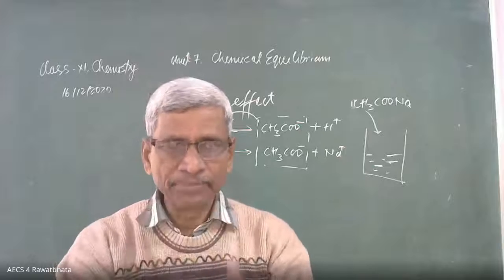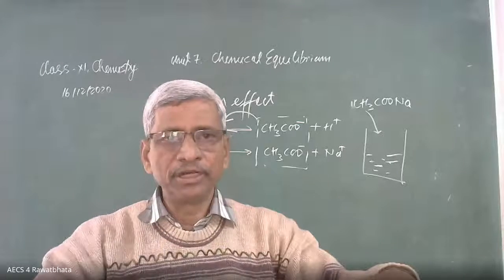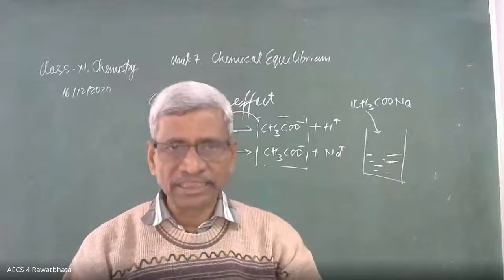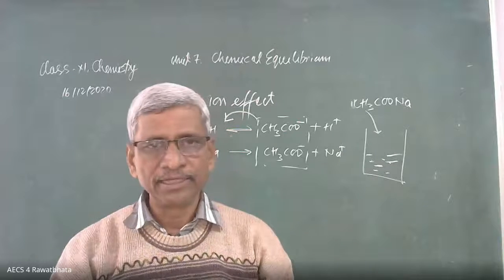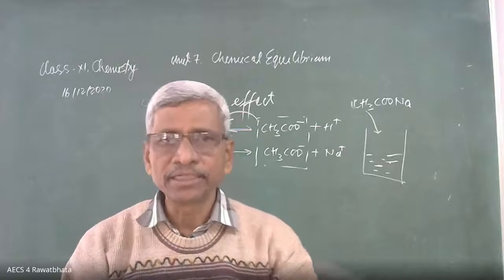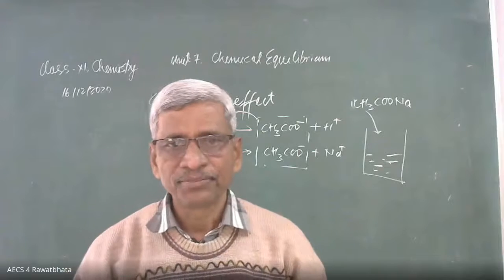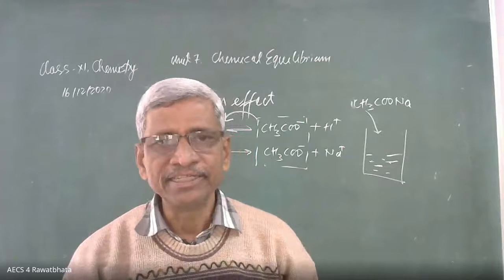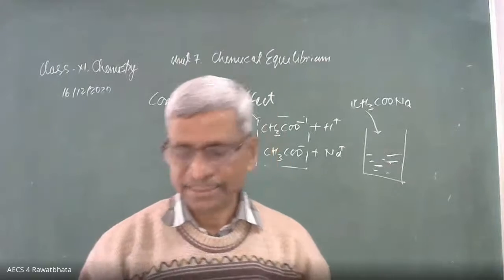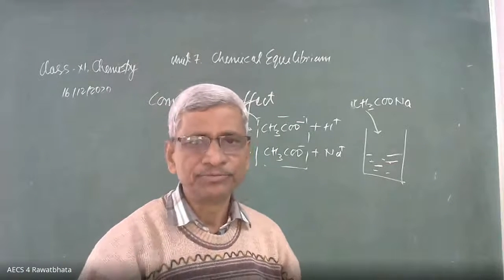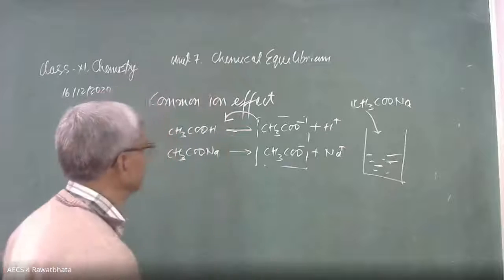We are having a solution of weak electrolyte. In that solution, when we add another electrolyte which is strong and having a common ion, then equilibrium will shift in such a direction which opposes this change. Yes, beta. This Q increases, Q is greater than K. That's why equilibrium shifts in the backward direction to maintain this Q. Okay, beta. One more example.